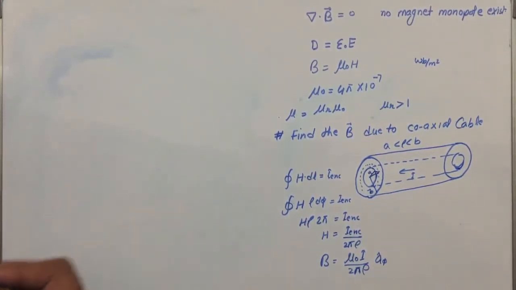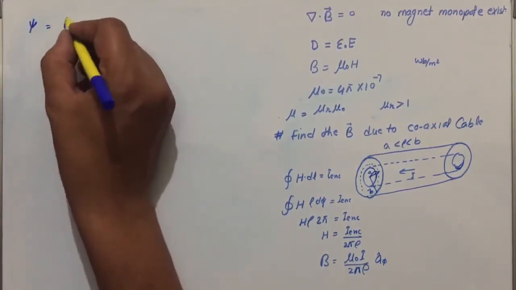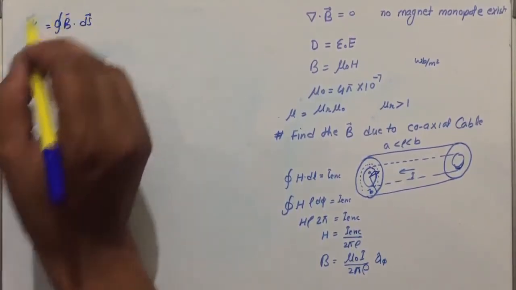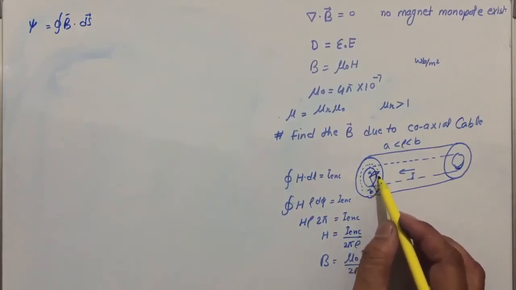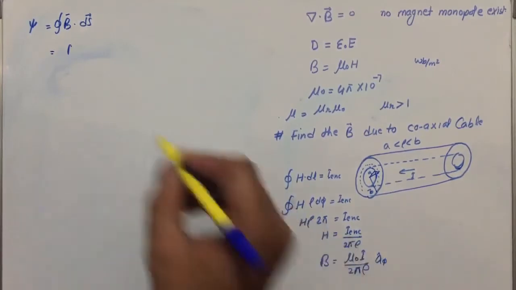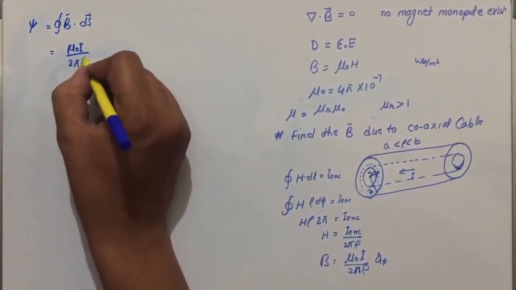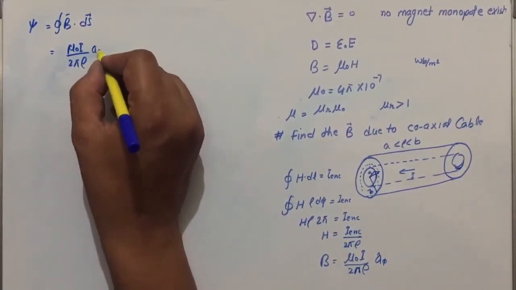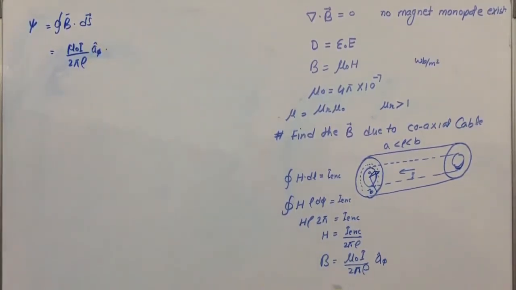From Gauss law, the flux can be found out as B dot ds for the closed surface, and the number of lines passing from here will be, with B from here, mu naught I by 2 pi rho in the direction of A phi dot ds.